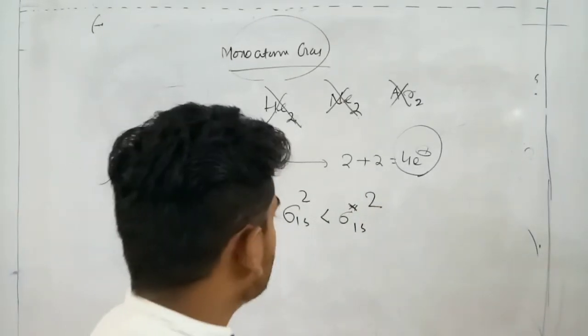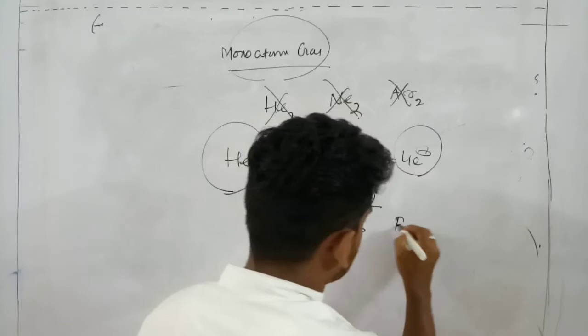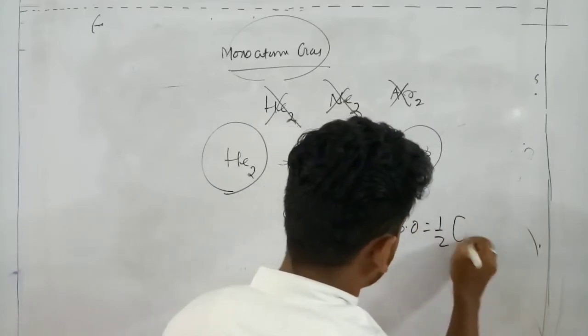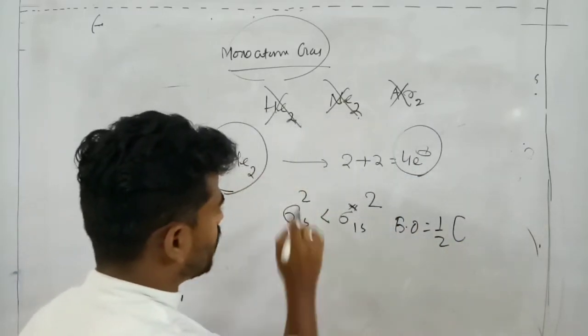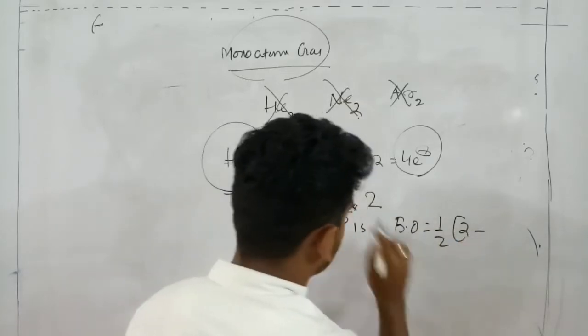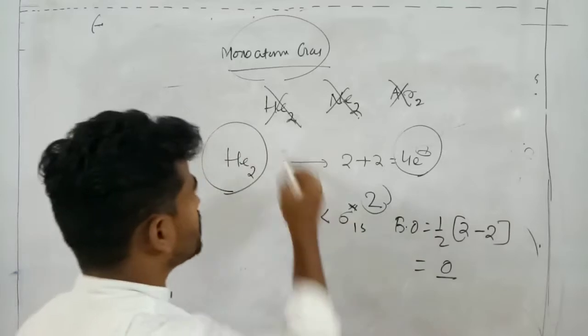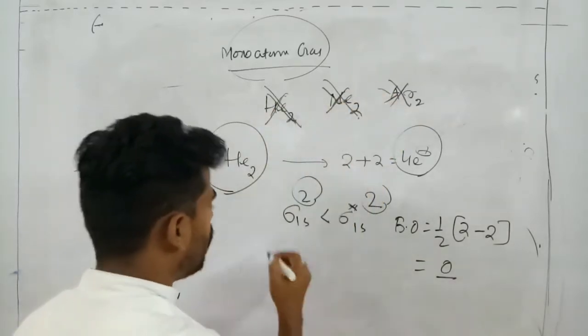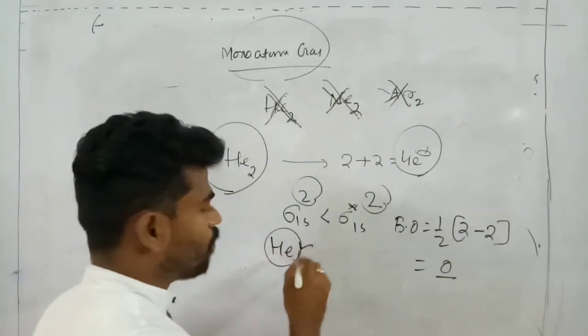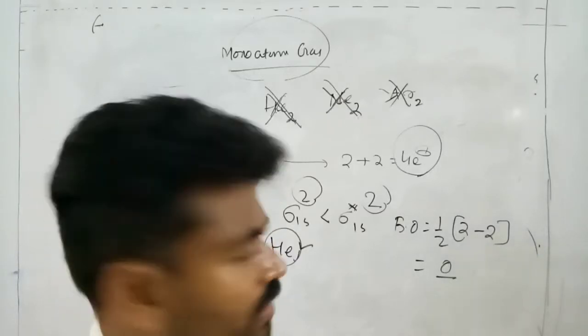Now let's calculate the bond order. Bond order is half into Nb minus Na. Number of bonding electrons is 2, number of anti-bonding electrons is 2. 2 minus 2 is equal to 0. So there is no bond in this molecule. That's why all exist in the form of monoatomic gases.